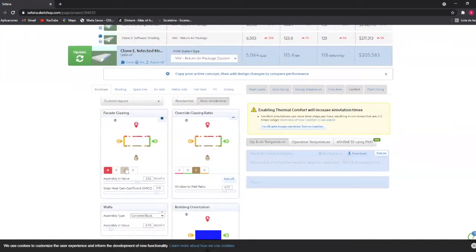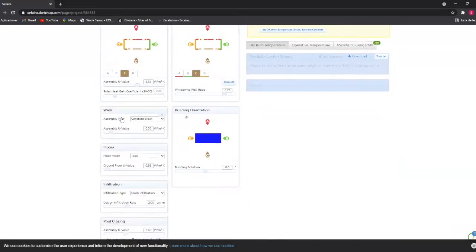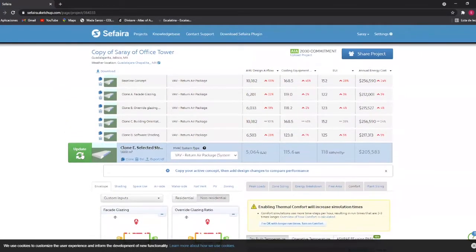Here in facade glazing in the C, we have 0.25 as in here. And that's it. We run our simulation and we can see that it has reduced a lot, from 152 to 118.